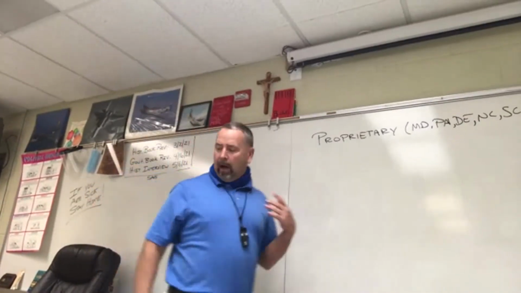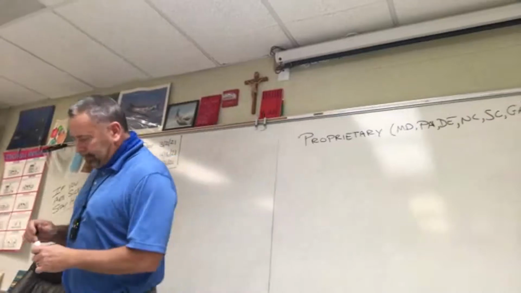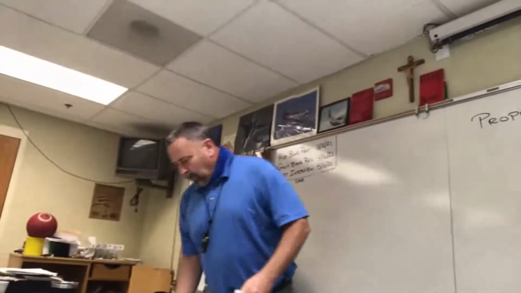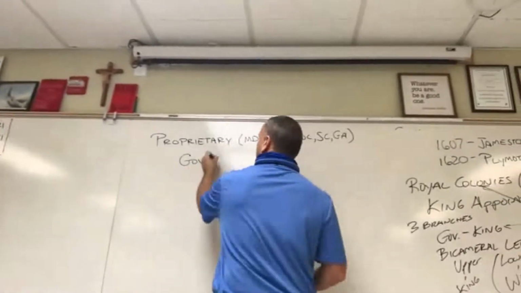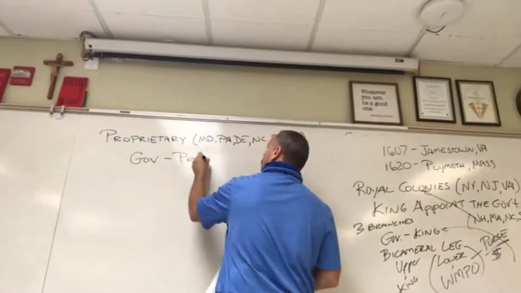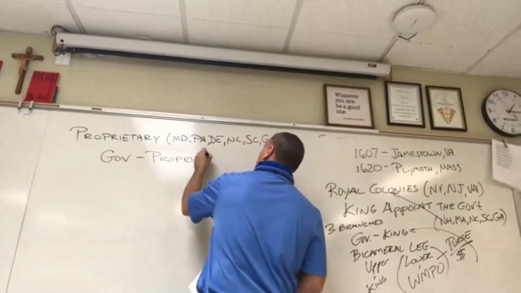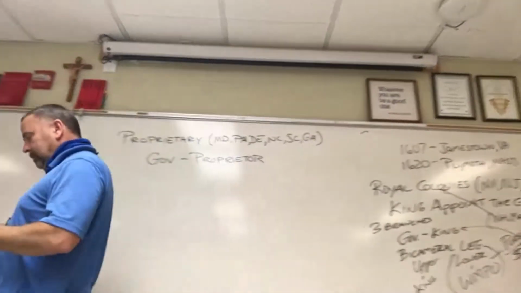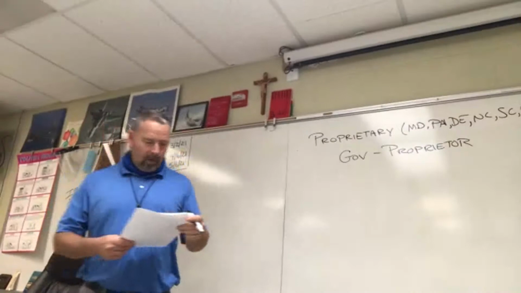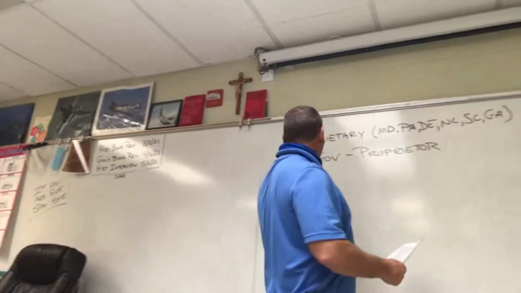All right, so the king appoints the proprietor. So he runs the colony. So the governor of the colony is going to be the proprietor. I don't know if it's ER or OR. I think it's OR. Okay, again, 3 branches.